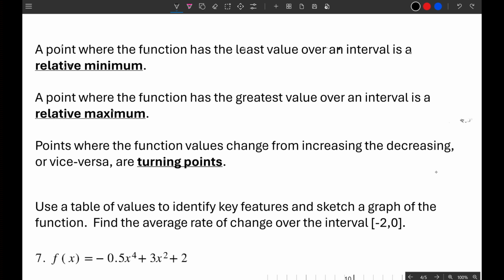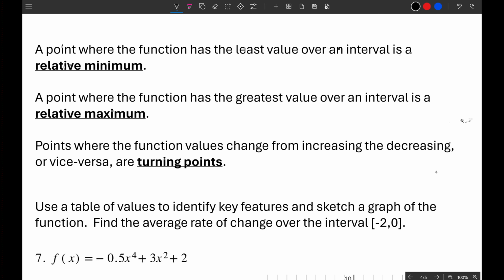That would be the point negative 2, 6 and the point 2, 6. Then we have a relative minimum near the point 0, 2.